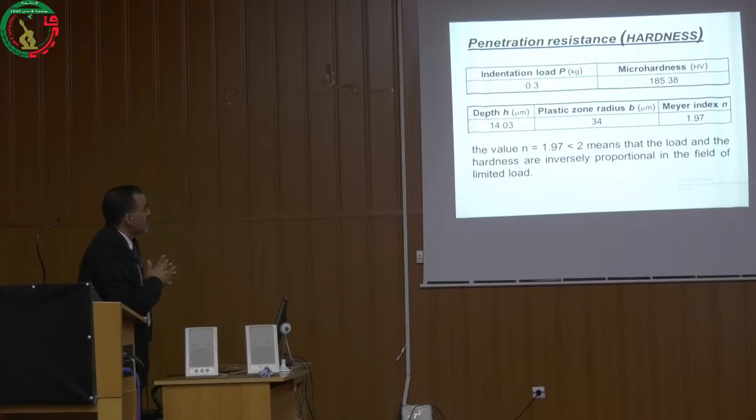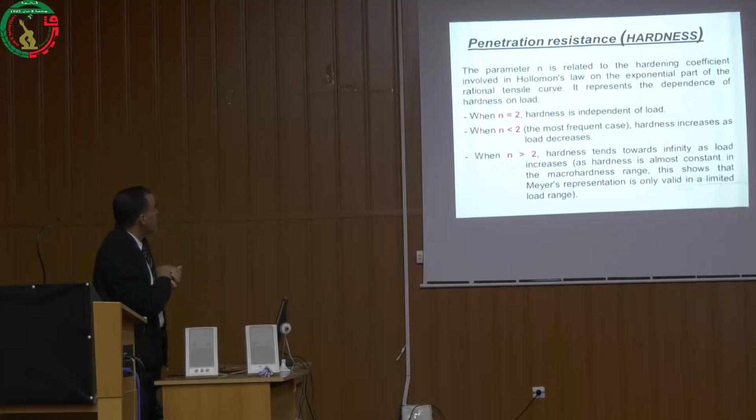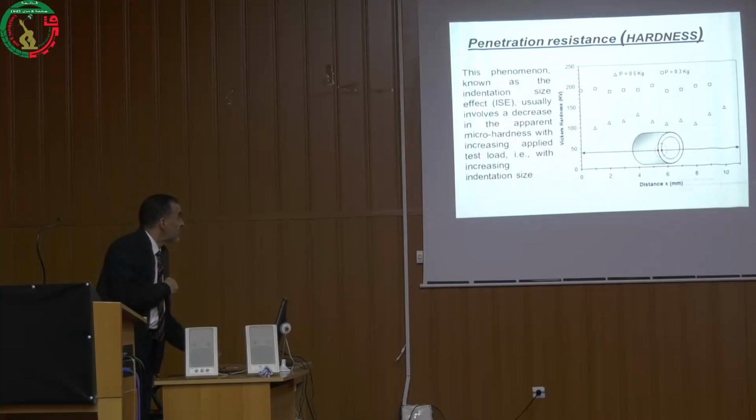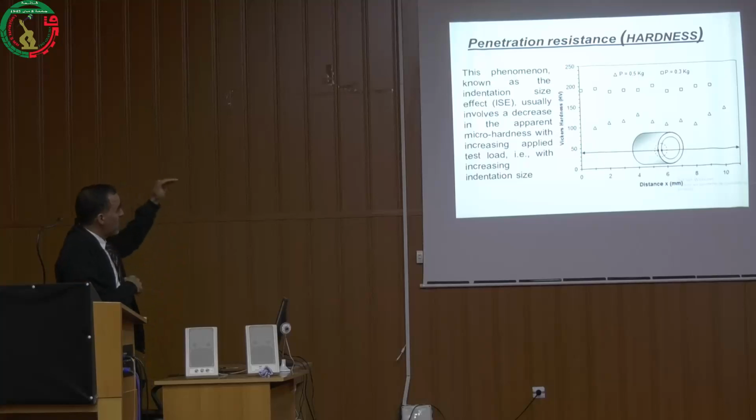So for our case, we have obtained n equal to 1.97. So it's less than 2, and then we can conclude that the hardness of our material increases as load decreases. This is what we have obtained. So when the load increases, the hardness decreases.